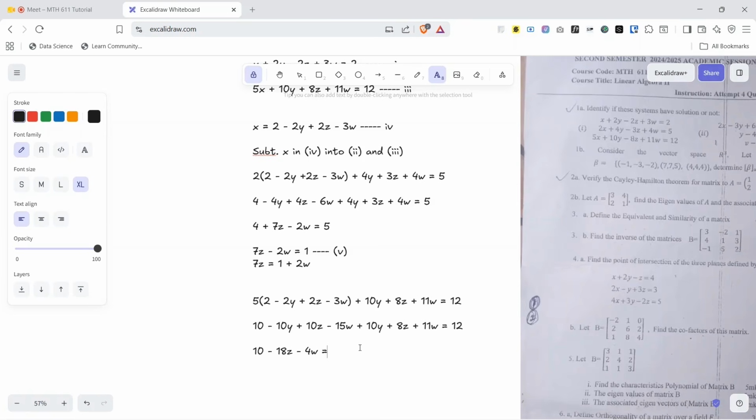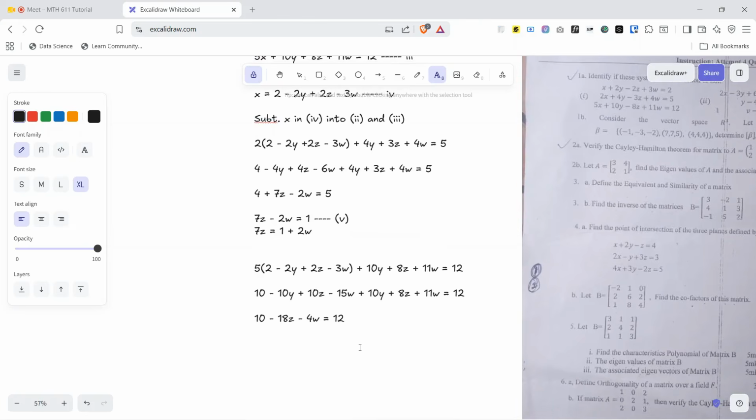So equals 12. So this would be 18z minus 4y equals, if you take this over, that will be 2.